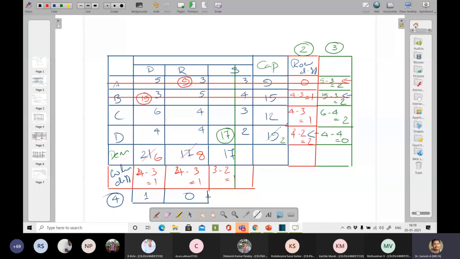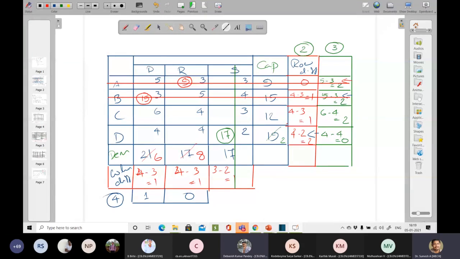So 6 minus 4, 2, iteration number 5, and here it is again 0. So give the priority over here.